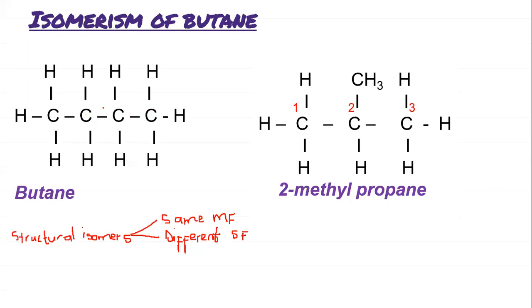Because the longest chain without breaking, the longest chain of carbon atoms that follow each other by bonding, is 4 carbons, the prefix means the name is going to start with but. And then, how do I see that this molecule belongs to the homologous series alkanes?